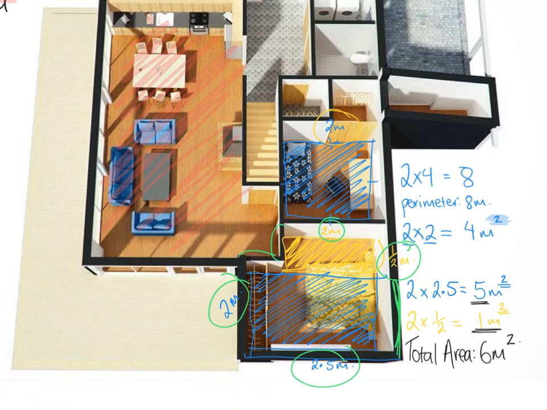So not all of the measurements are written on there, but you would just have to use your calculations and be able to work out how much each gap is worth, and that would be your total perimeter of the bedroom. This was a very long video, guys, but I hope you enjoyed it, and I will be creating an activity to go along with it. So thanks.